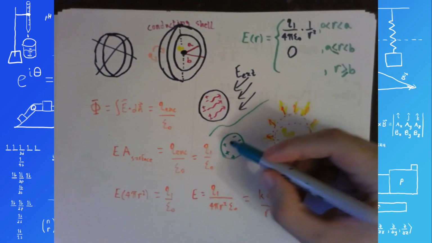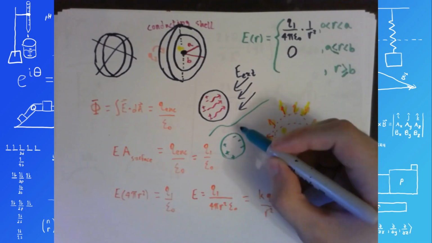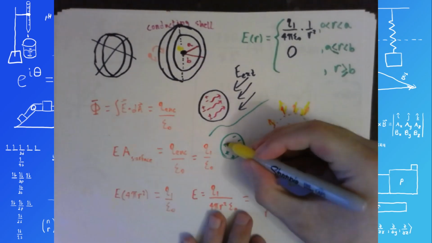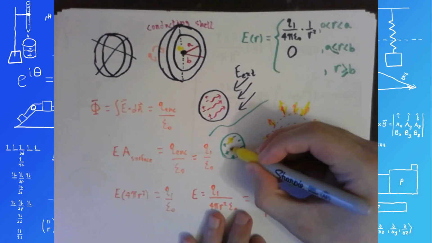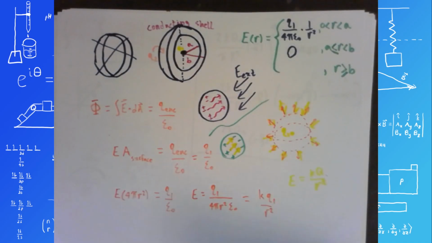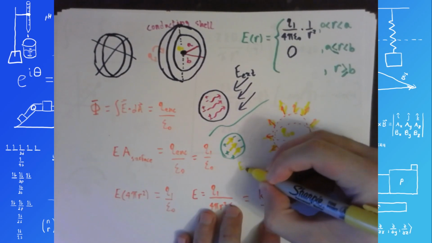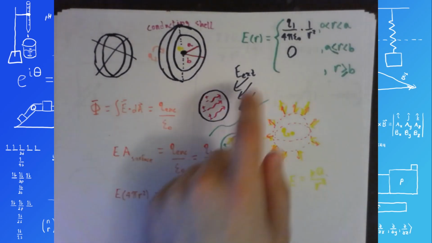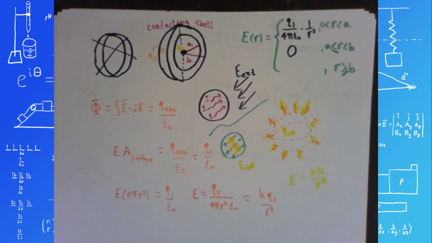Well, positive charges produce an electric field pointing away, while negative charges produce an electric field pointing towards them. So what's going to happen is you're going to generate a counter electric field. I'll call this the internal electric field. And if this internal electric field is weaker than the external electric field, what's going to happen?